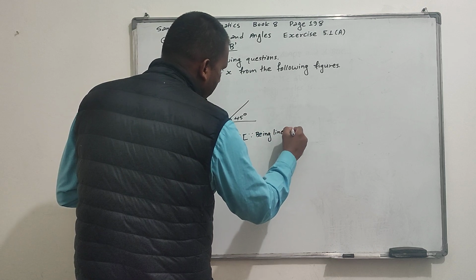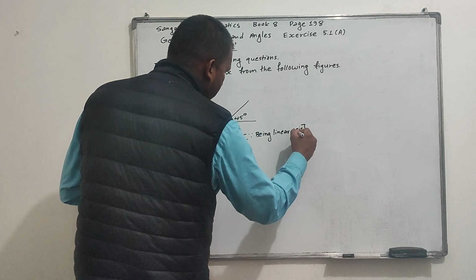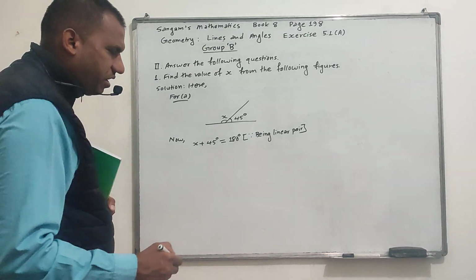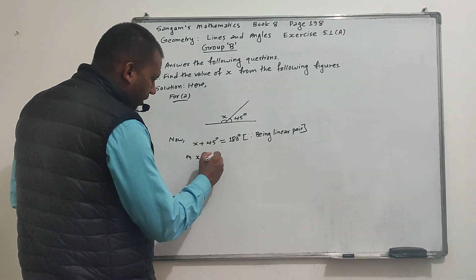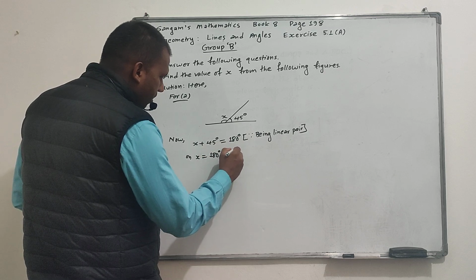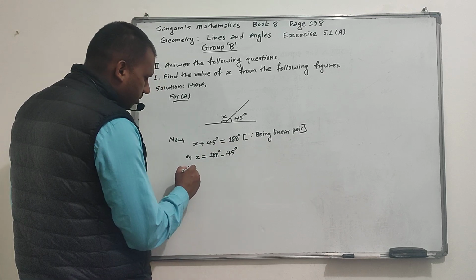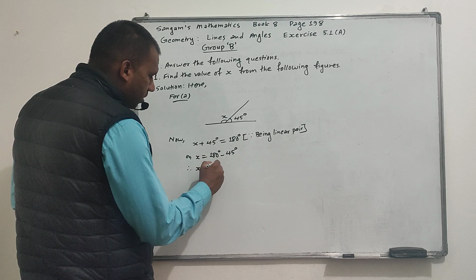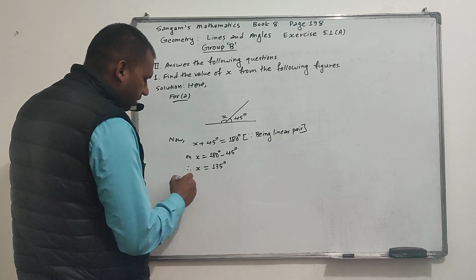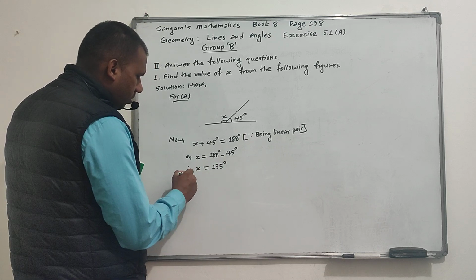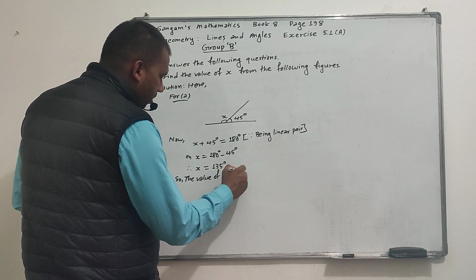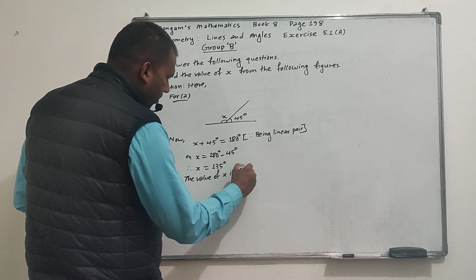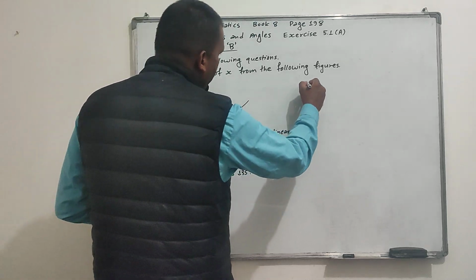Being linear pair, or we can write being supplementary angles, or x equal to 180 degrees minus 45 degrees. Therefore x equal to 135 degrees. So the value of x is 135 degrees.